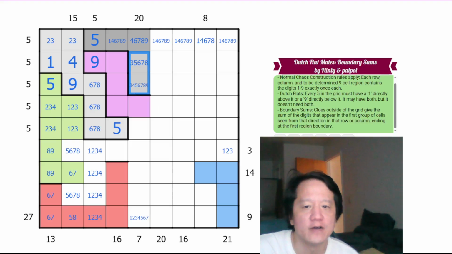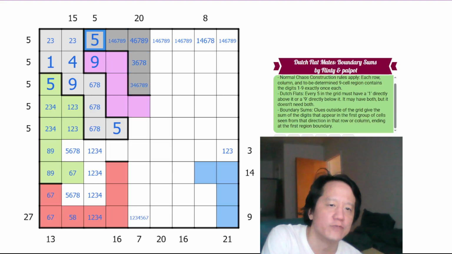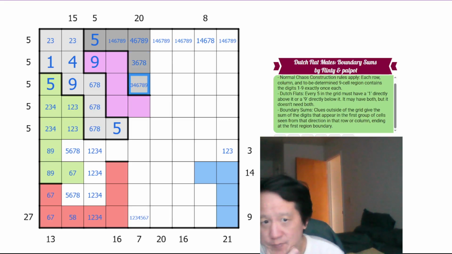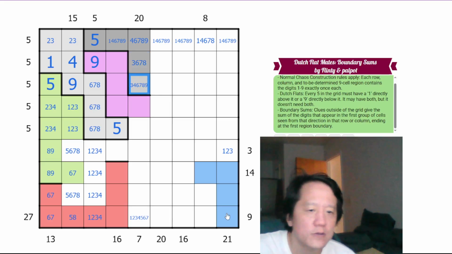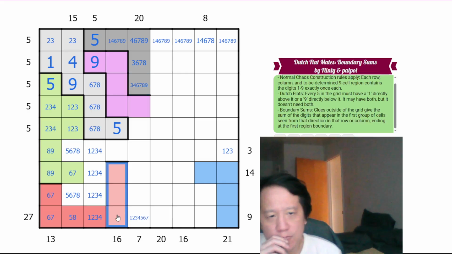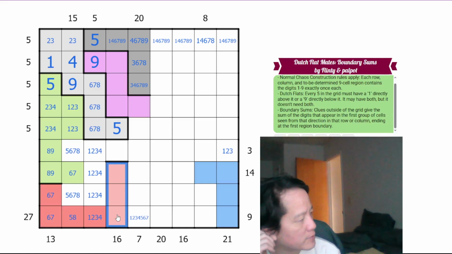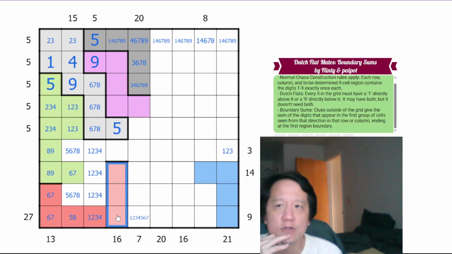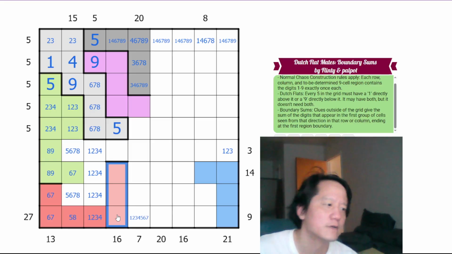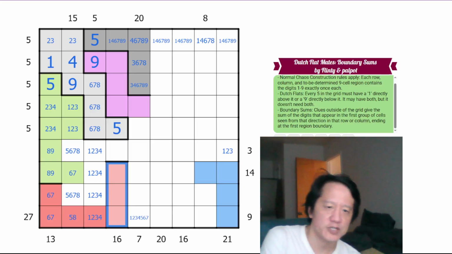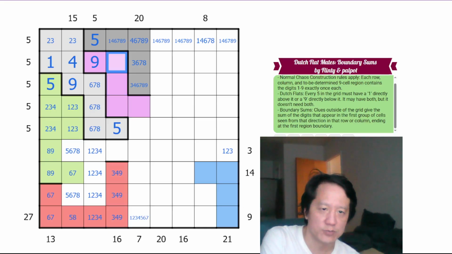These can't be 5 to add up to 20 because we know we already have a 5 in that region. Without 5, 6, and 7, so you could have 3, 4, 8. Or, no, wait, 16. It has to be 3, 4, 9. So this must be a 3, 4, 9 triplet, which eliminates 3, 4, 9 in the rest of the column and in the rest of the region. So no 3, 4.